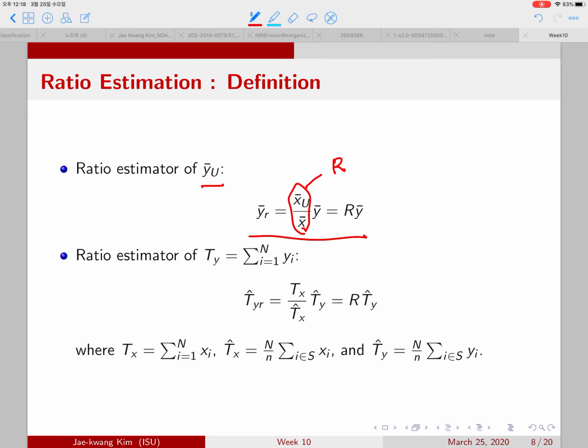It turns out that it's the same ratio because we have 1 over n here, and then it's a mean, so it cancels. So we have the same one. So R is applied to the unbiased estimator of the total. The ratio estimator can be constructed from other sampling designs, but we'll consider simple random sampling design only in this class.